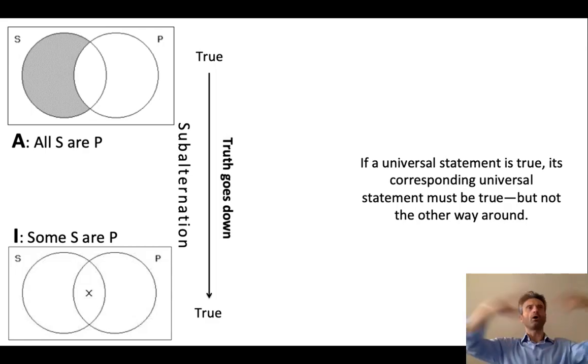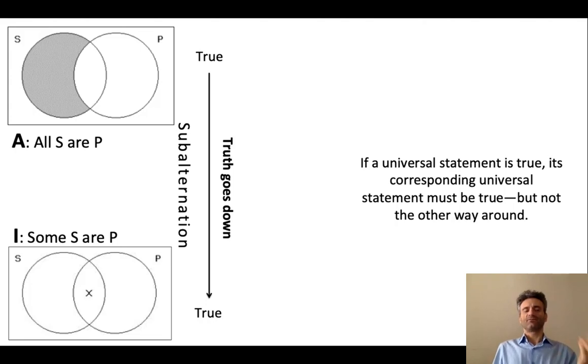I mean, think about it. If all bananas in the world are yellow, and I take a sample of those bananas, namely some bananas, naturally, if all are yellow, even if I take a portion, if I take some, by logical necessity, they are going to be yellow. So truth goes down.